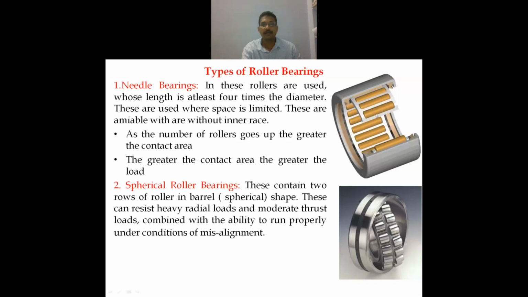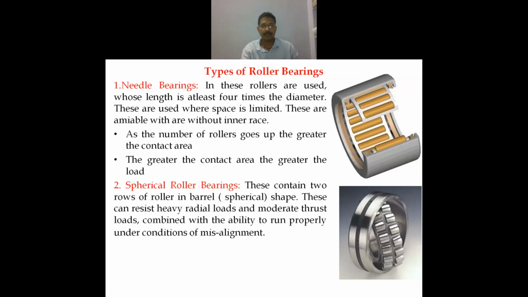The rollers which we use here are needle bearings. These are used where space is limited. They are available with or without inner race. As the number of rollers goes up, the contact area increases. The greater the contact area, the greater is the load taken.